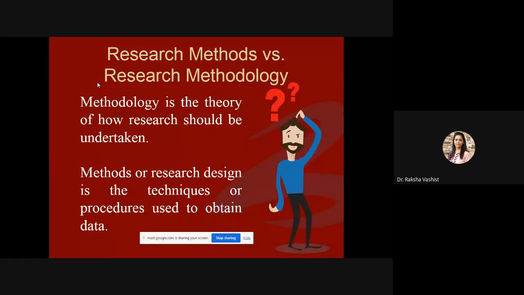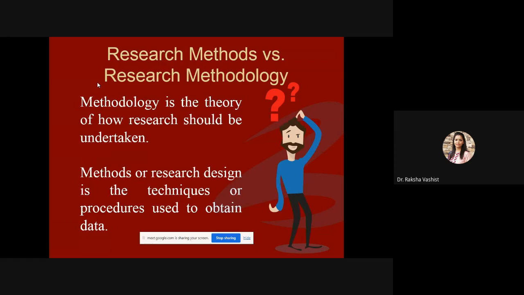It starts with research question development, and then goes on to collect the data, then process the information, and finally report writing. All these are the steps of your research methodology, which we will discuss in the further slides. On the other side, we have research methods, also known as research design.